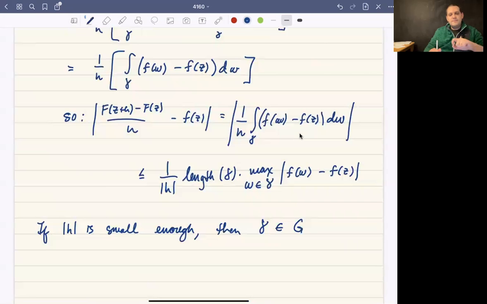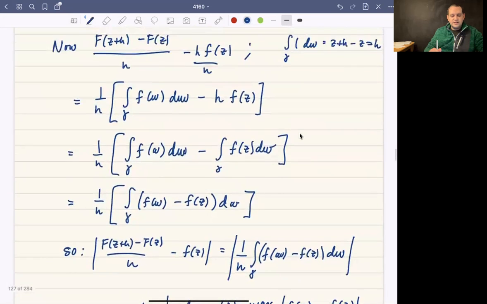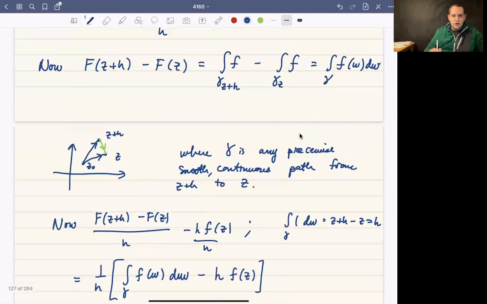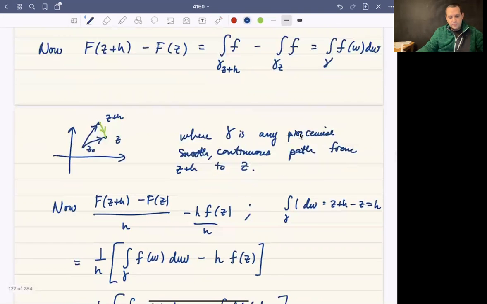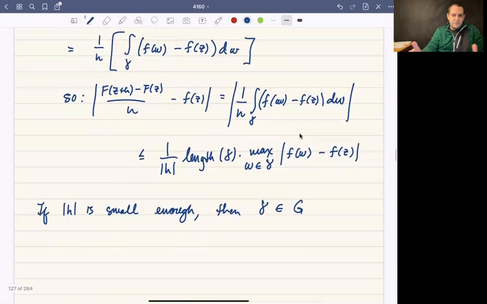Certainly wherever z is, since we're talking about an open connected region, we can choose h close enough to zero that the path will be completely in G. I hope that makes sense the way that I said that. But if the modulus of h is small enough, gamma is in G and everything there is fine. We don't have to worry about leaving G, but it is important that G is open and connected. So we're using that hypothesis.